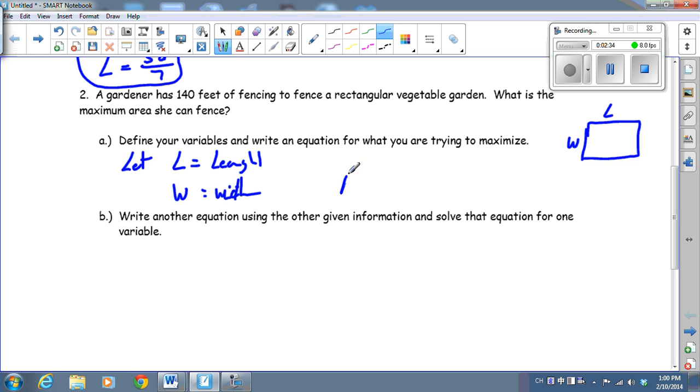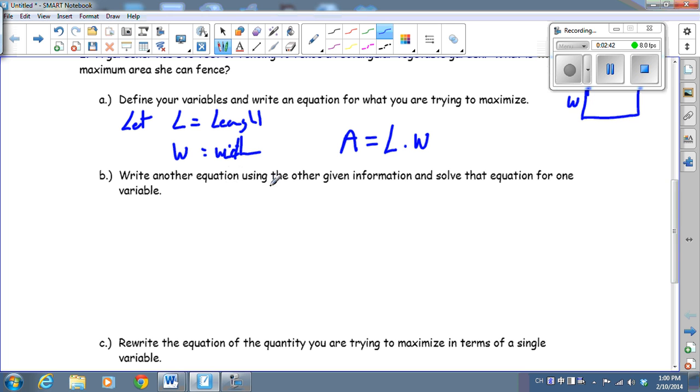Here we're trying to write what we're trying to maximize. I'll say L times W is the area. The next question says write another equation using the other given information and solve that equation for one variable. Well, the other given information is the perimeter, that is 140 in this case. The perimeter is equal to 2 times the length plus the width.